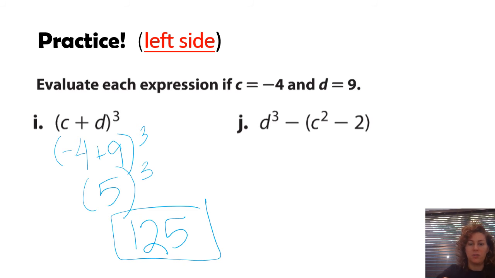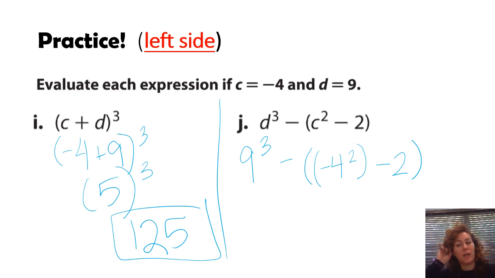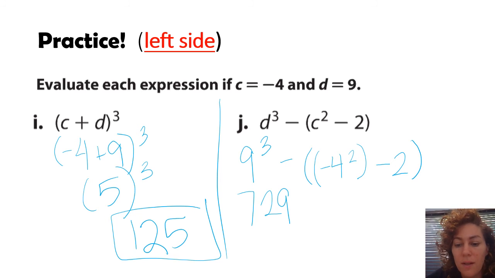Okay, all right, let's do J. Okay, d to the 3rd power, which would be 9 to the 3rd power minus c squared, which would be negative 4 squared minus 2. Okay, 9 times 9 is 81, and 81 times 9, let me just check my calculator here. 729 right here, minus, okay, I'm going to simplify this.